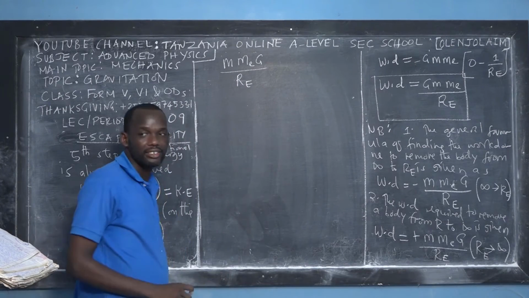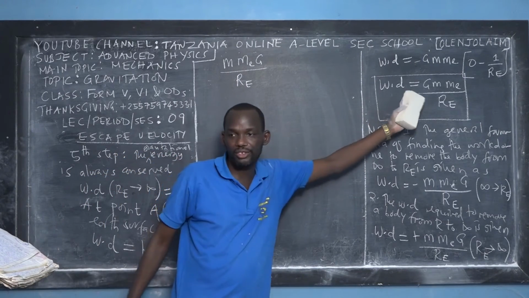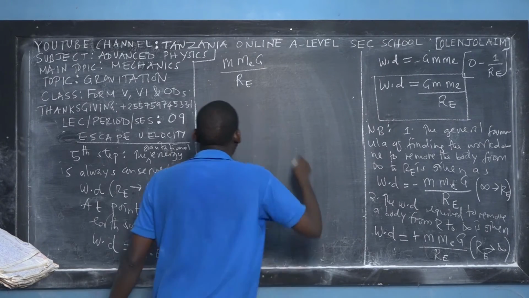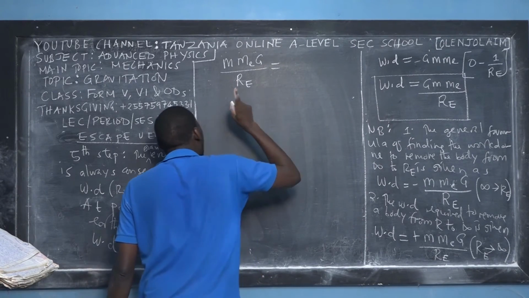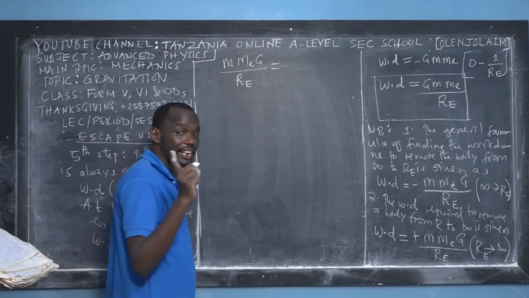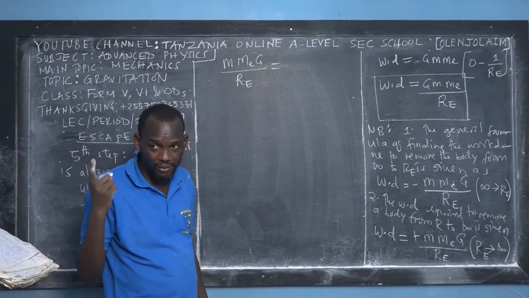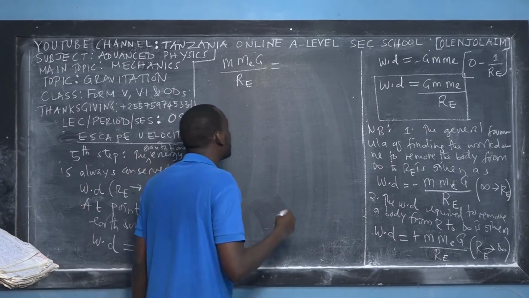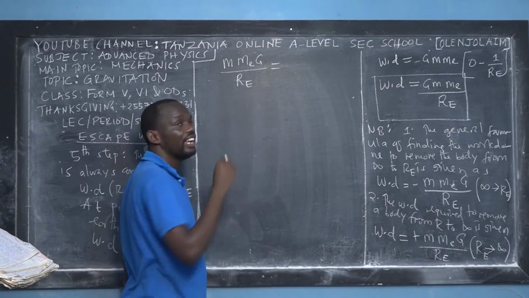This is the work done, right? I've taught you how to derive this. This work done is provided to the body that is required to move with the escape velocity, and it gives the body its kinetic energy.